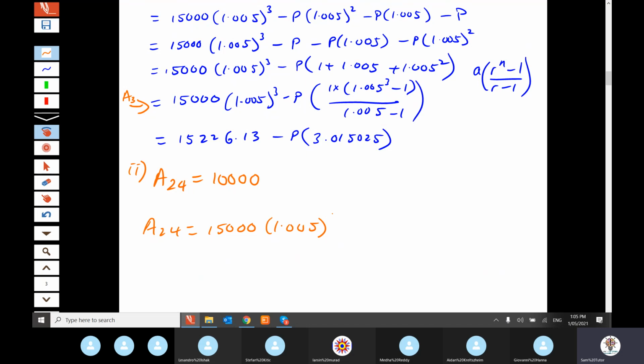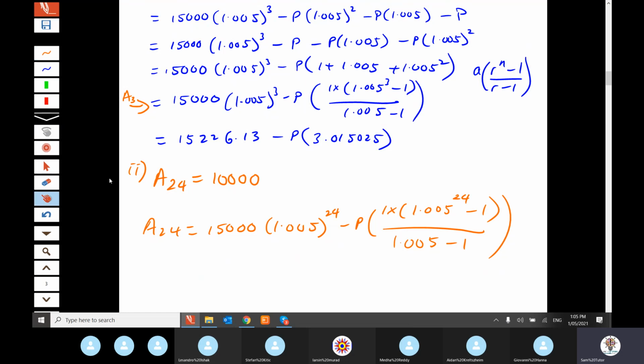1.005 to the power of 24 minus P bracket one times 1.005 to the power of 24 minus 1 over what's the problem?